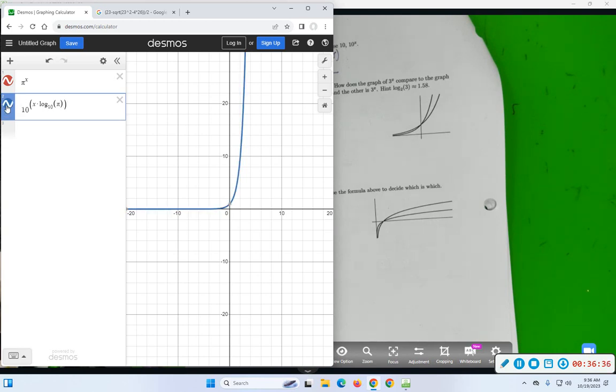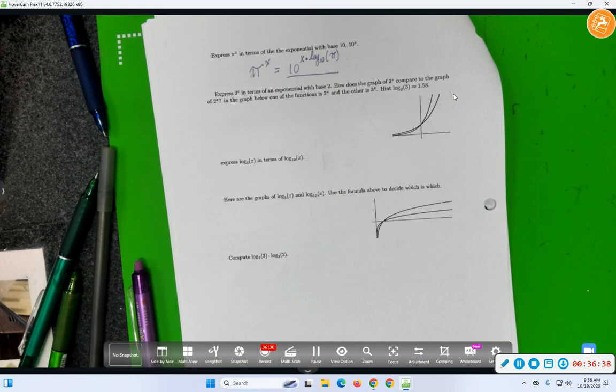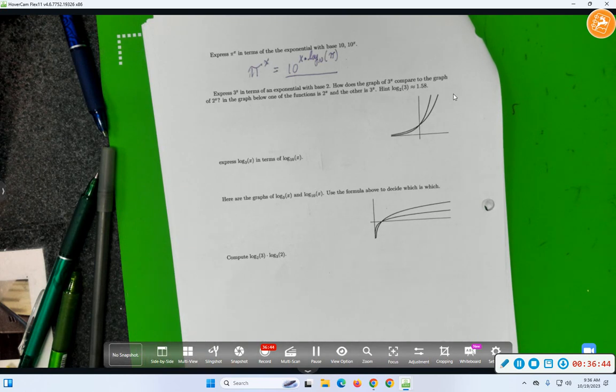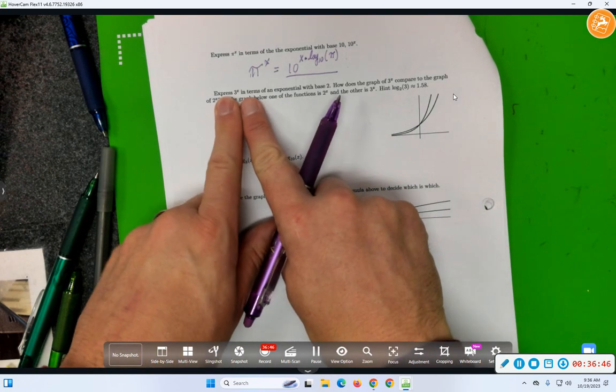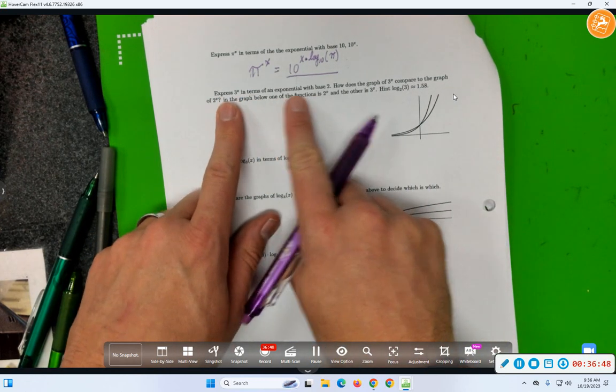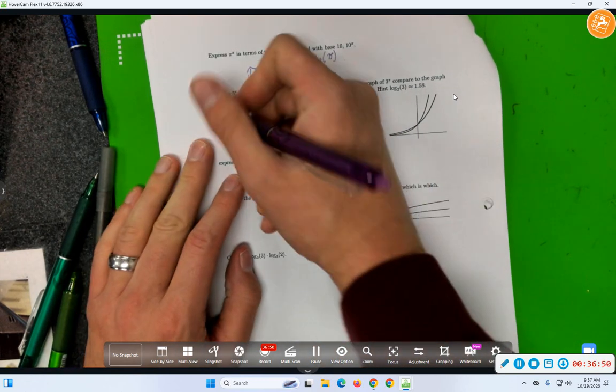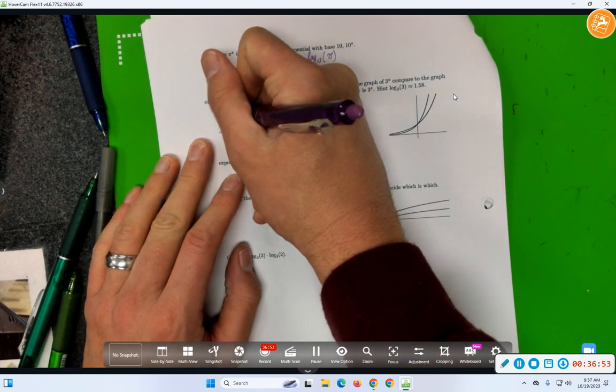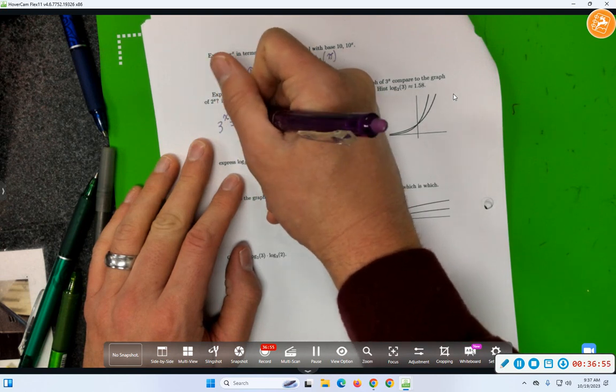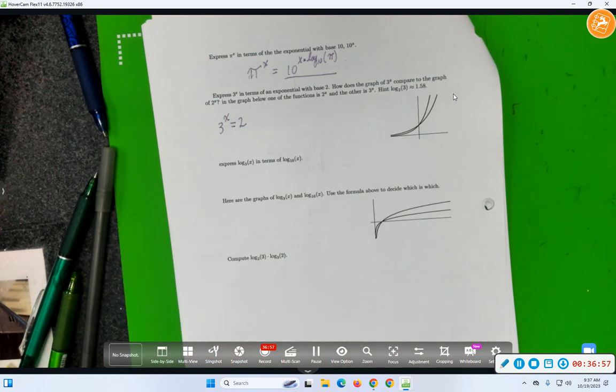Seems to line up. Nice. So, the change of base formula for exponentials seems to work. And here's another fact. Let's use the same exploration. So, 3 to the x, let's write in terms of an exponential with base 2. So 3 to the x will be equal to 2 raised to what power?